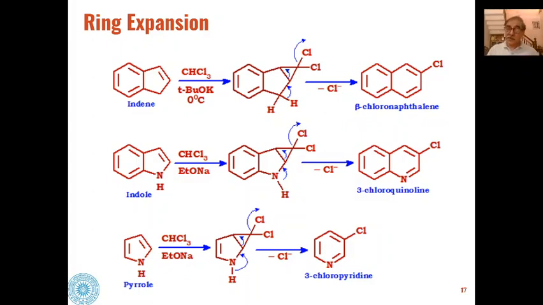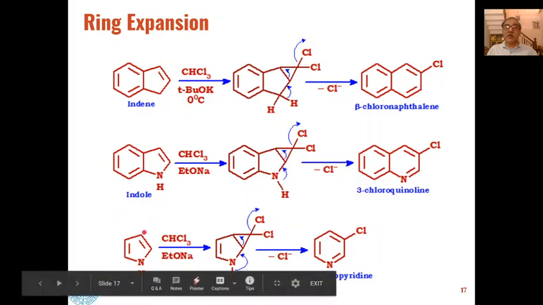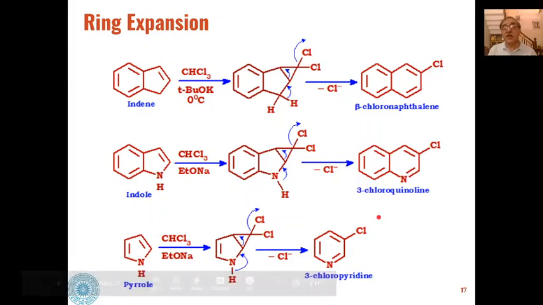And here we can say that the reason for this ring expansion is that we are generating an aromatic system as the product. Similarly, in case of heterocyclic compounds, for example, indole or pyrrole, both of these are heterocyclic aromatic compounds. A similar reaction can take place for ring expansion product formation.